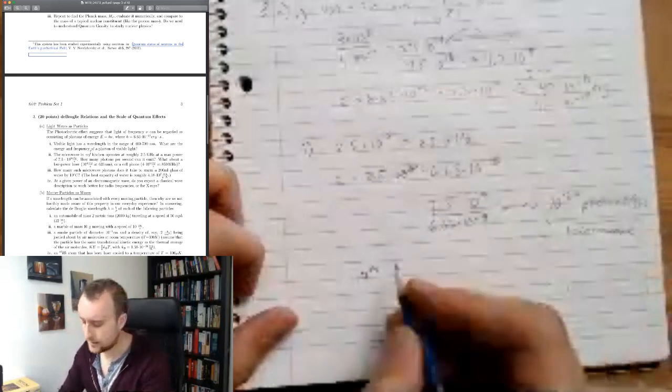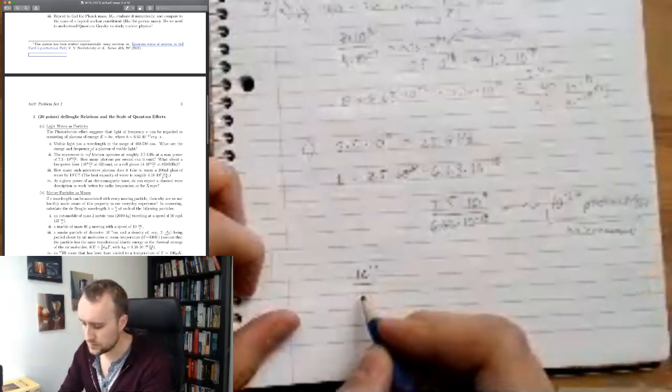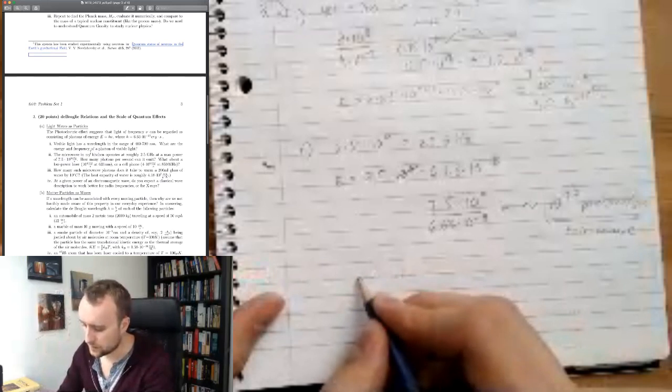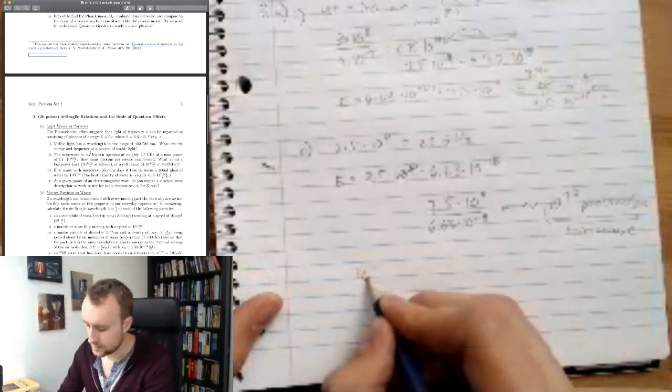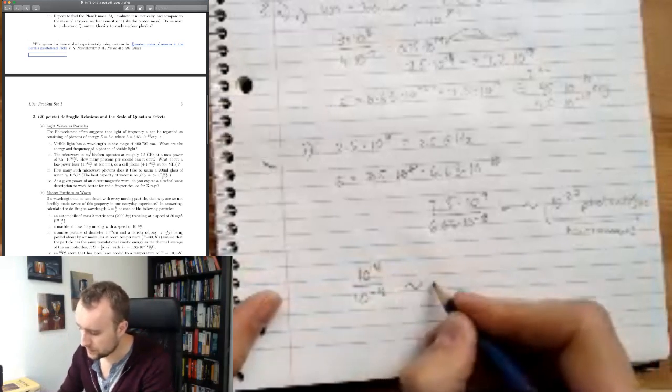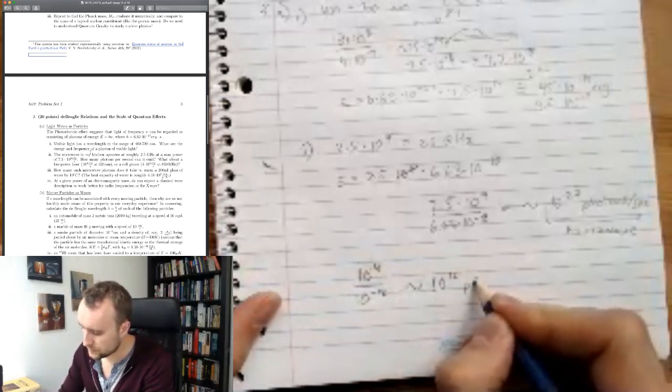So I'm going to recalculate. Sorry, not 10 to the 14. 10 to the negative 12. So it's going to be 10 to the 4th divided by 10 to the negative 12. So it's going to be on the order of 10 to the 16 photons.